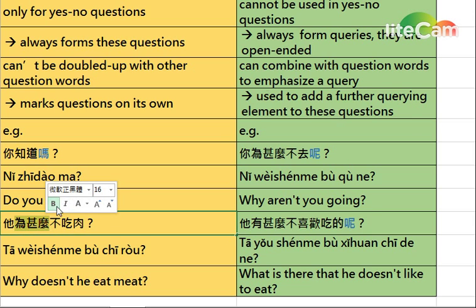So the particle ma can't be doubled up with this question word. It means that we cannot form the question like this: 他为什么不吃肉吗? This question is invalid in Chinese.